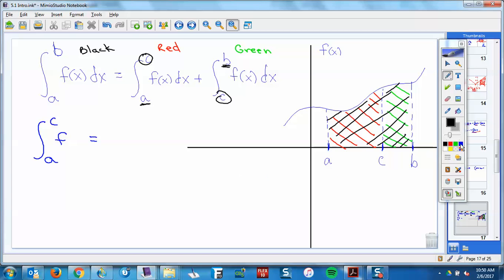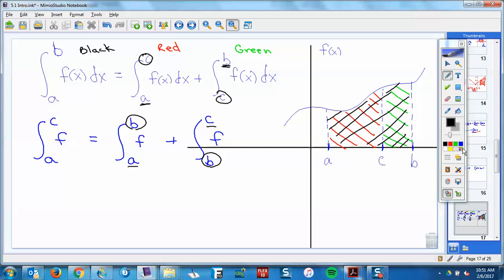I split it up. So the question is, what about this? What if I went from A to B plus the integral from B to C? In other words, now I've got B in this middle spot, and it starts at A, and it ends at C. Would that work?